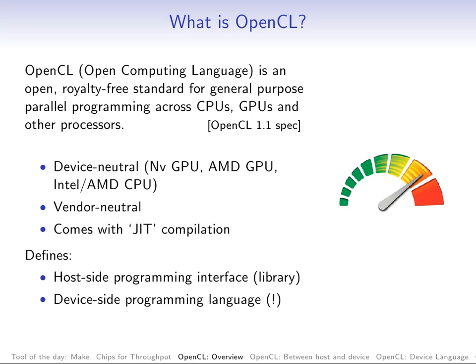The main distinction between the two is that OpenCL can run on CPUs and GPUs, so it's also a valid way of programming just regular processors, and it runs on GPUs of multiple vendors, and it comes with just-in-time compilation. What on earth does that mean?